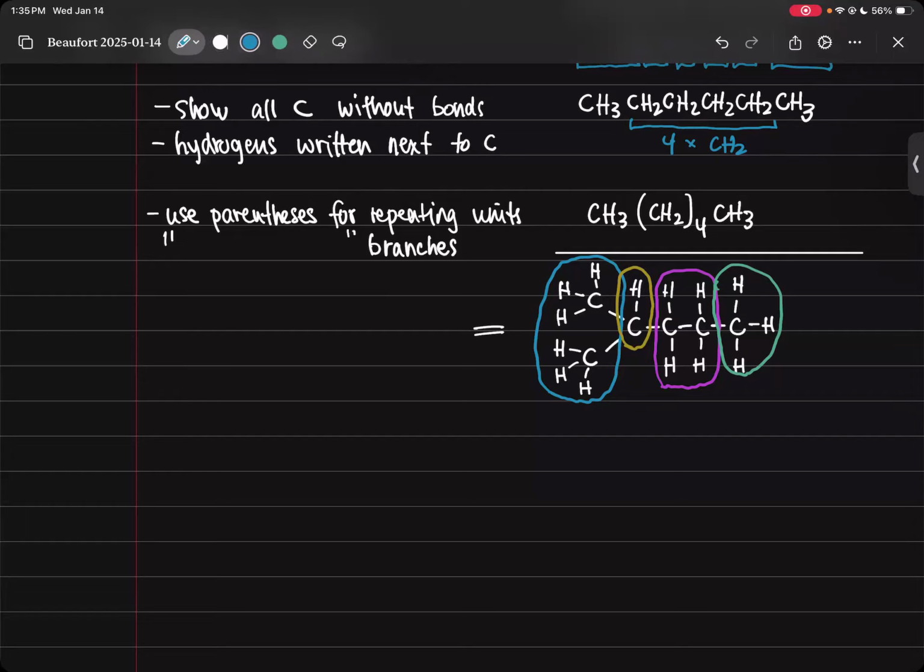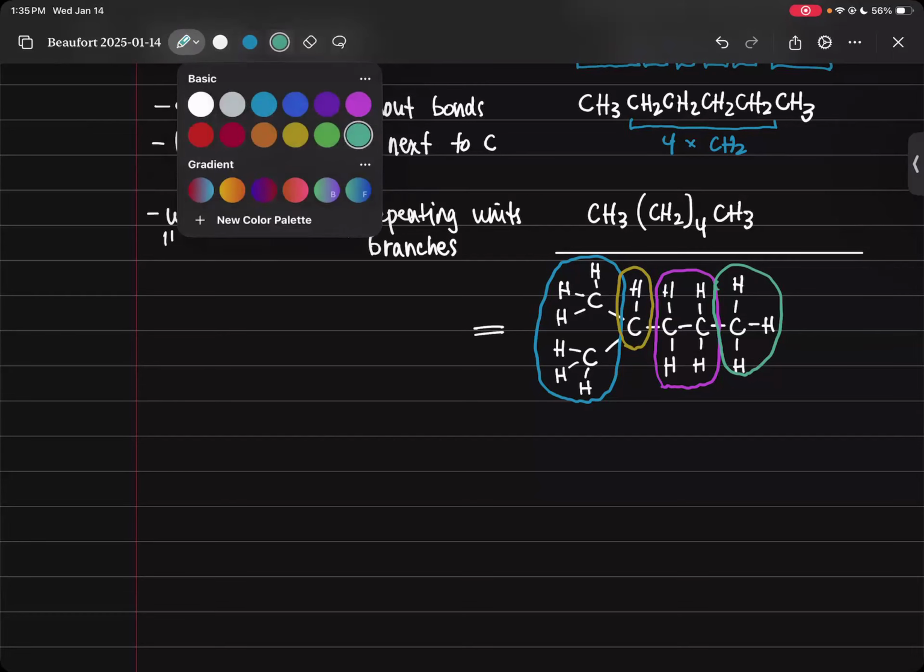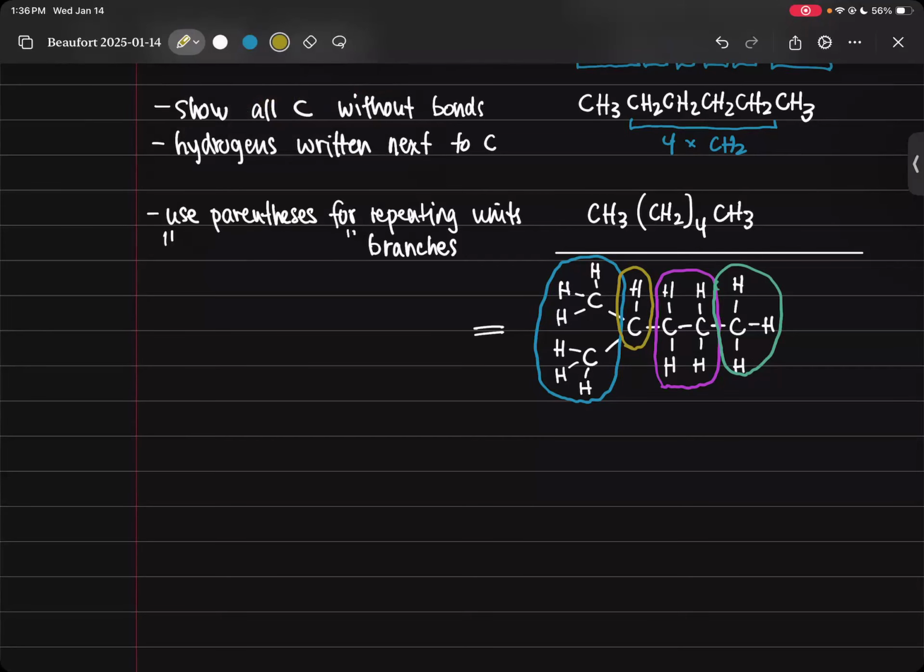So to show, actually, no, let's do the CH first. Okay, so there's that center carbon of the branch. That's a CH. To the left of that, it's attached to two CH3 groups individually.